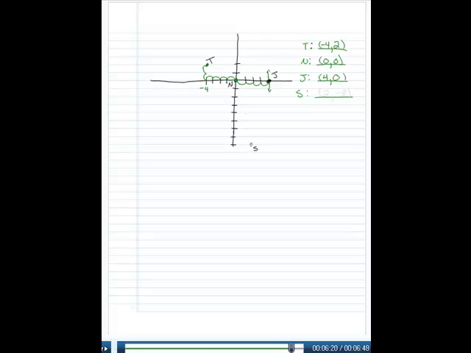And last but not least, let's look at letter S. I can see that I went over 1, 2 on the positive side of x. But on the y-axis, we're going down 1, 2, 3, 4, 5, 6, 7, 8. So I'm going to get a -8 here. So there we worked backwards. First, we plotted points, and then we looked at points and read what their coordinates would be.